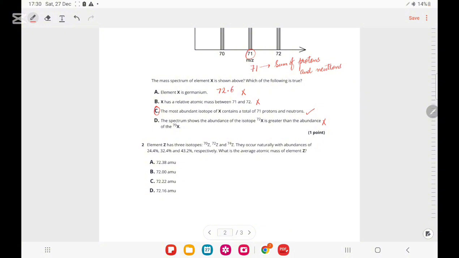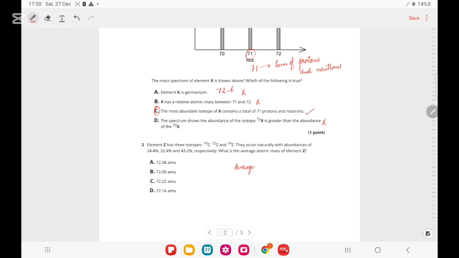In question number 2, they say element Z has 3 isotopes and they're naturally with abundance of 24.4%, 32.4% and 43.2% respectively. So we need to find their average atomic mass.